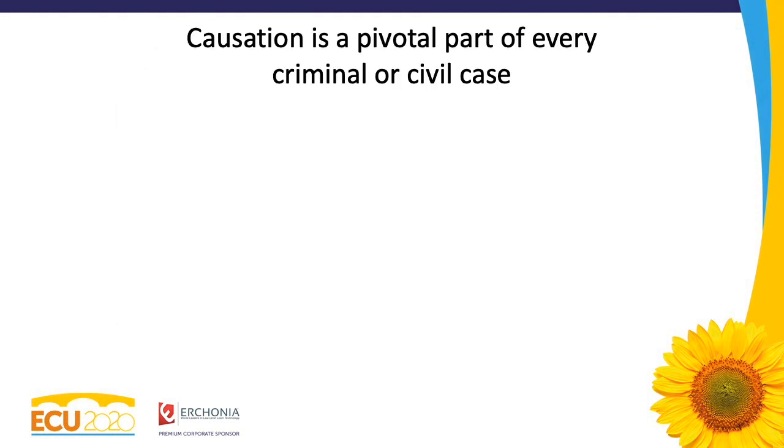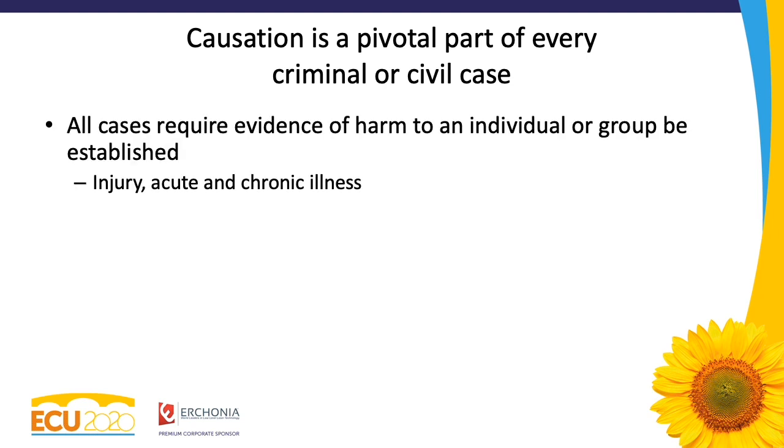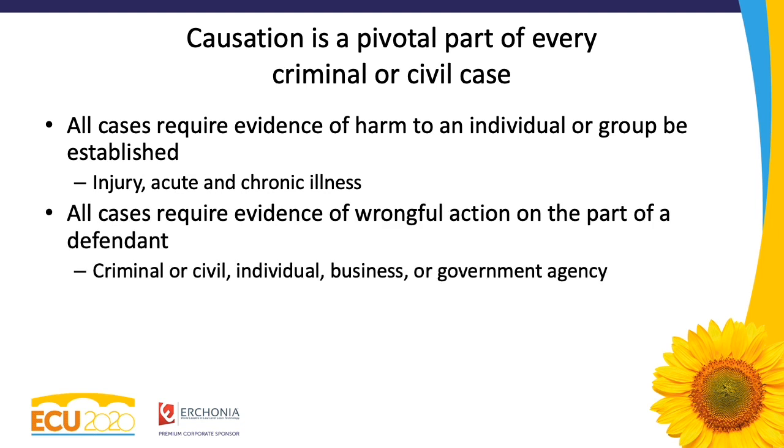Causation is important in all types of litigation, criminal and civil, and this is because all cases have to have some evidence that a harm occurred, whether it's an injury or an illness or a death, and all cases have to have some evidence that there was something that could have caused it, some sort of negligent action or a wrongful action.